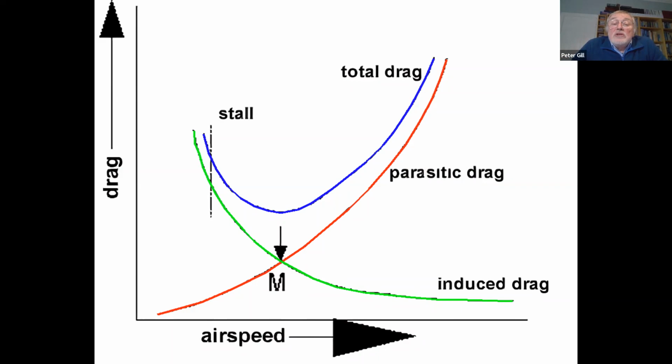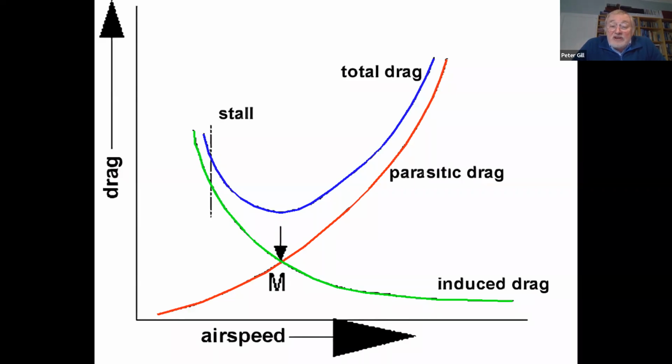From the stall, it actually reduces. The reason is quite simple. The slower the aircraft's going, the more time the vortex has to develop during the passage of the aircraft. That's a fairly simple explanation, but essentially the induced drag reduces.